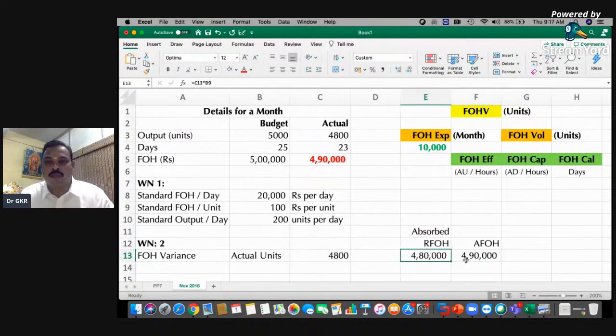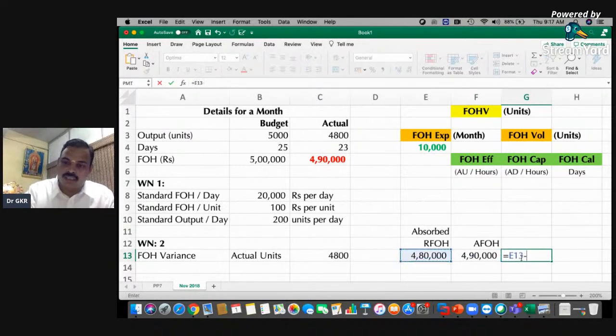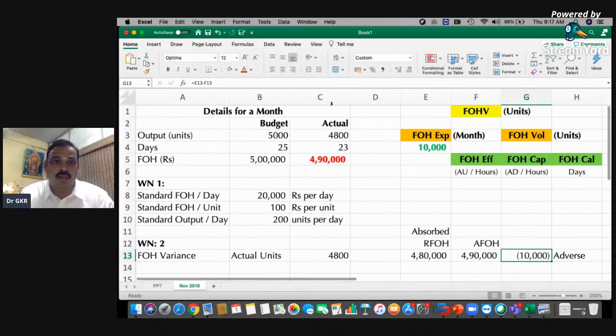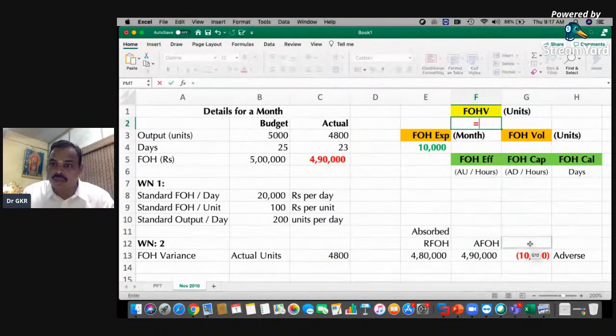Now please look at this. Instead of 4,80,000, you have spent 4,90,000, so the difference is 10,000 adverse. You can call this negative.